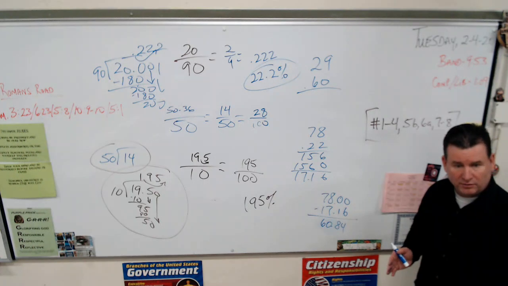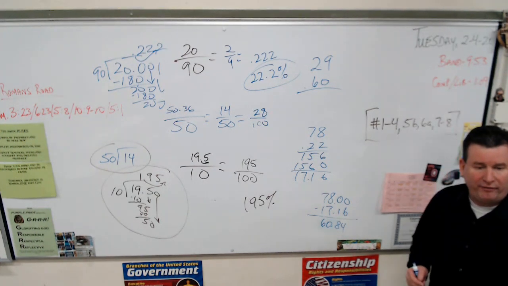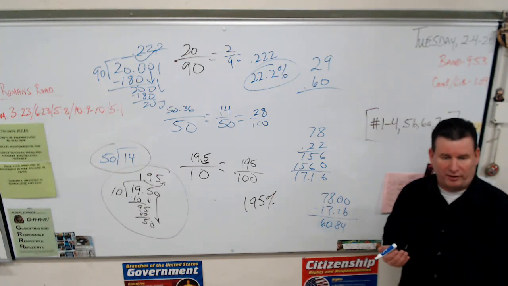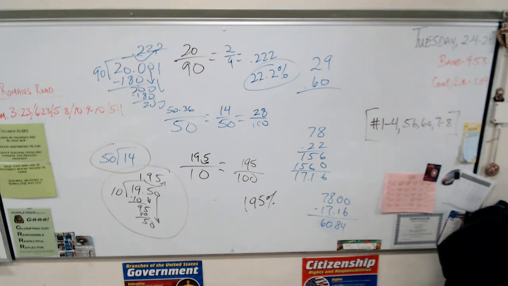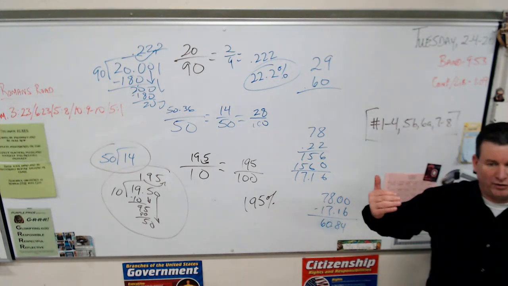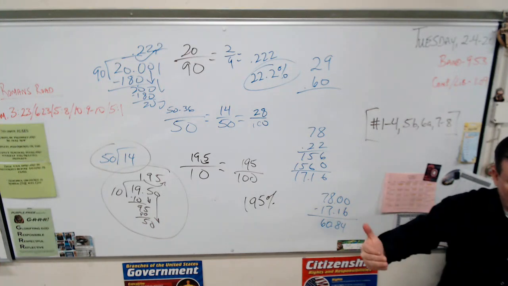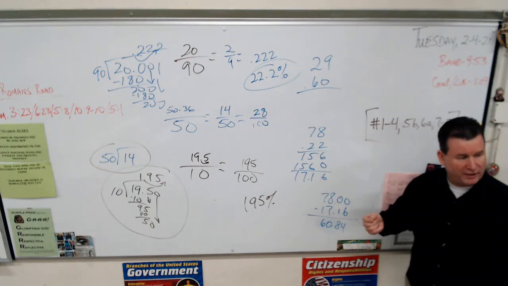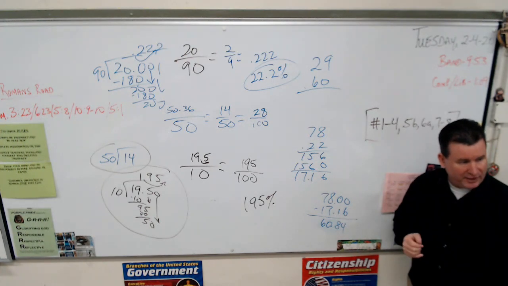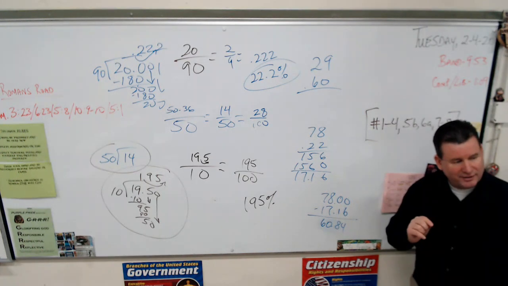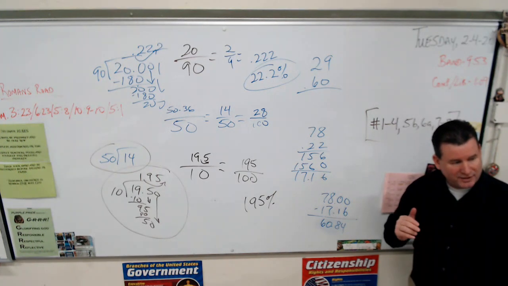Now, David, the thing I said after that that's not in the book, the shortcut, the extra outside the box, is if 78 is going to be decreased by 22%, isn't that the same as 78% of 78?